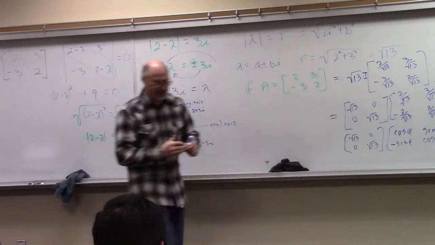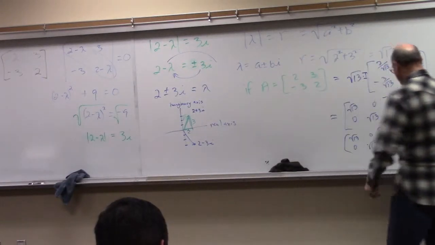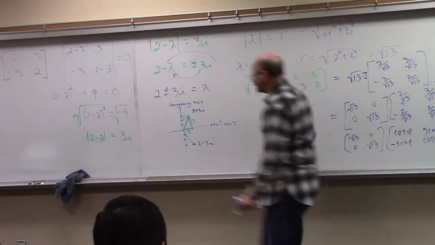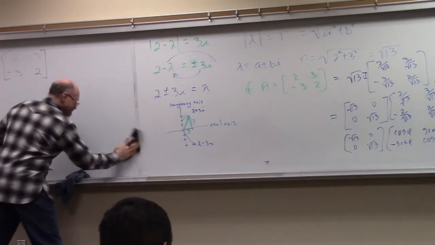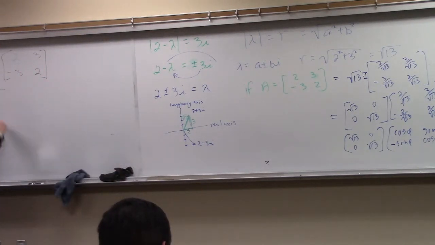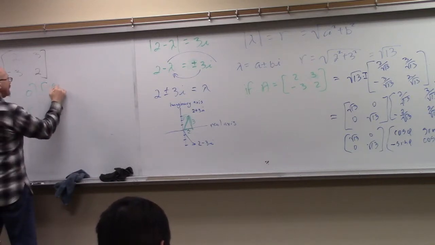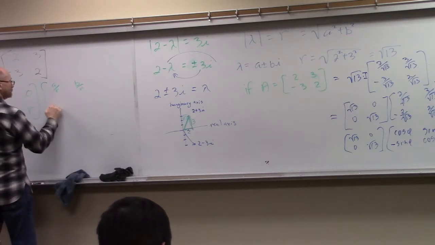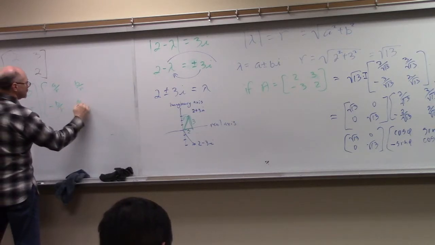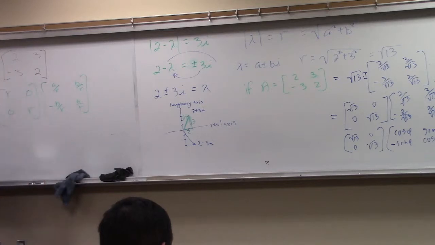That make sense? So, this matrix right here ends up being two matrices. We've got the matrix R, 0, 0, R, and then we have A over R, B over R, minus B over R, and A over R, that form.